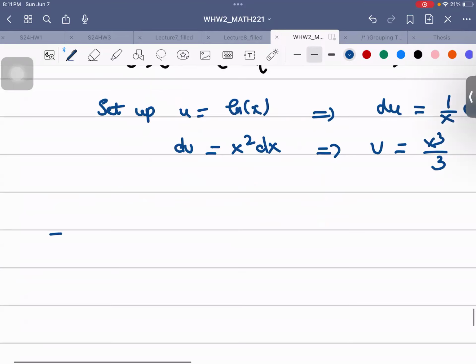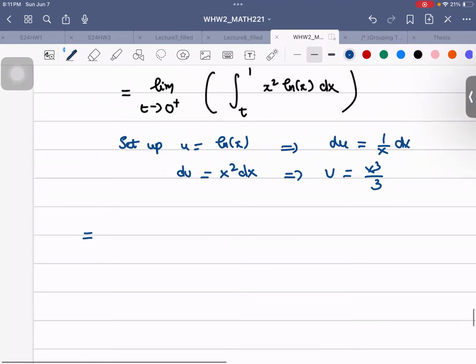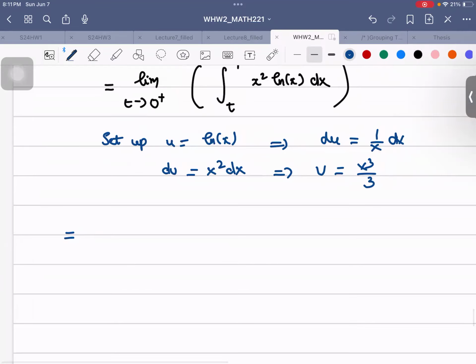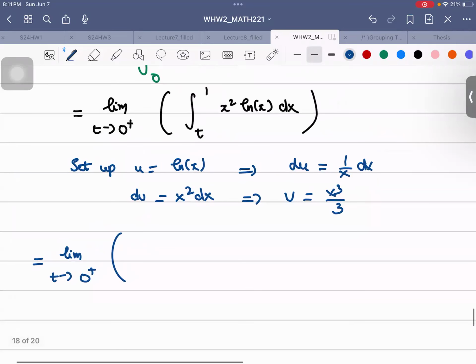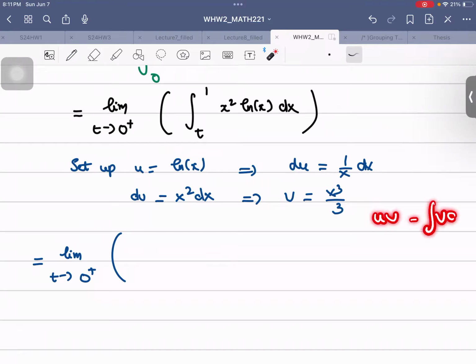The formula for integration by parts is uv minus the integral of v du.